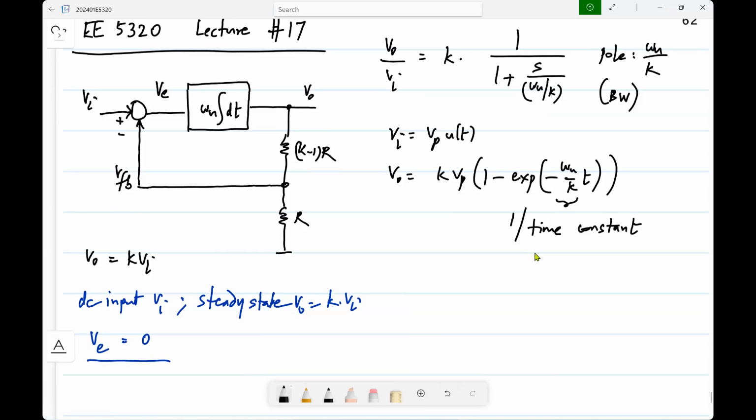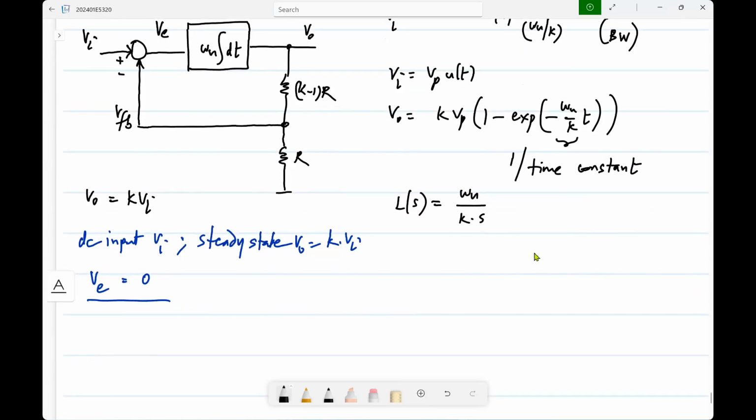Now where does this omega u by K come from? We saw that the loop gain of this system is omega u by K times S. That is, if you have a prototype negative feedback system, the loop gain will be an integrator itself, right? The loop gain is of the form 1 by S. That's an integrator. Okay, so that means it is continuously adjusting the output in response to non-zero error.